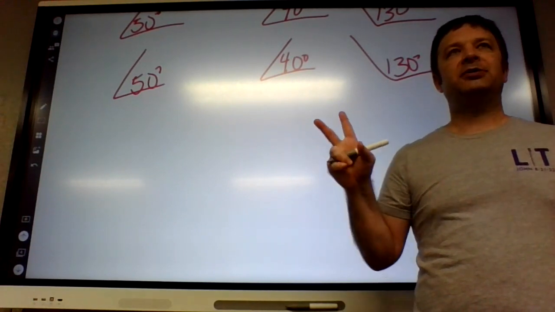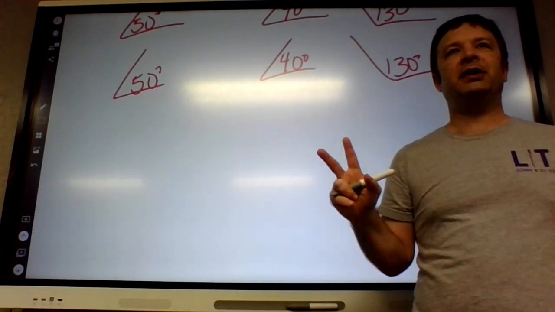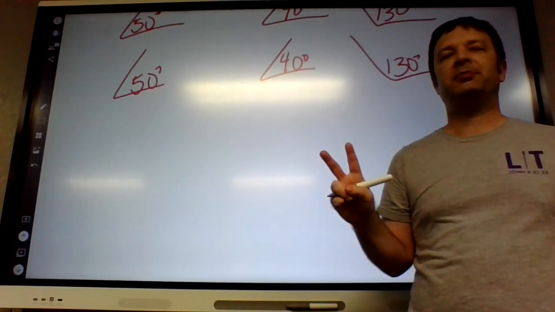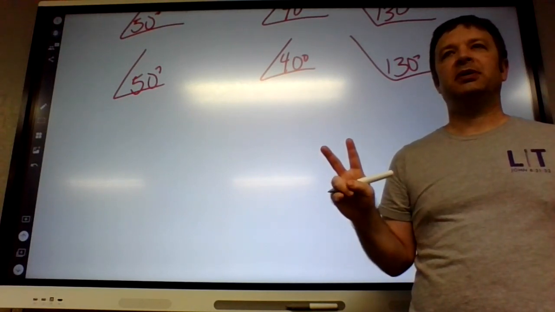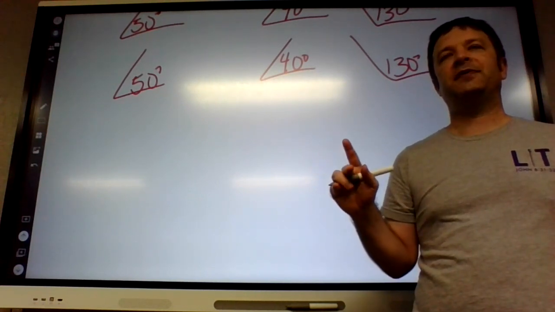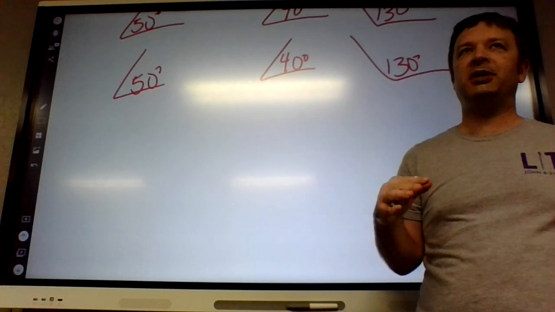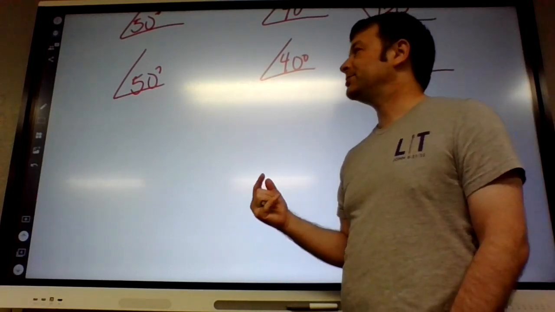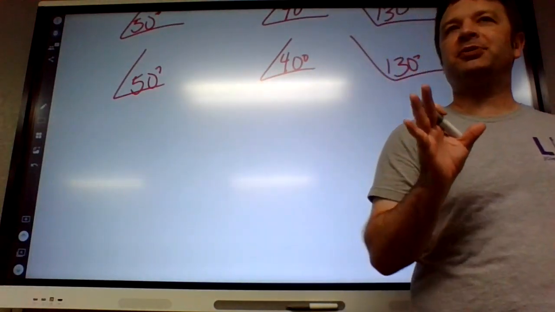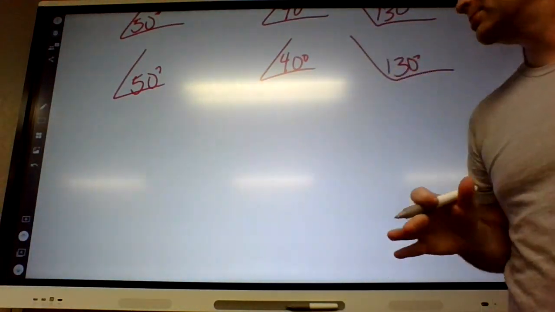The same. So if you have two congruent angles and they're supplementary, what's supplementary mean? They add up to 180. What has to be true about those two angles? If they're the same and they add up to 180, 90. It'd have to be right angles, yeah. So congruent supplementary angles are right angles.